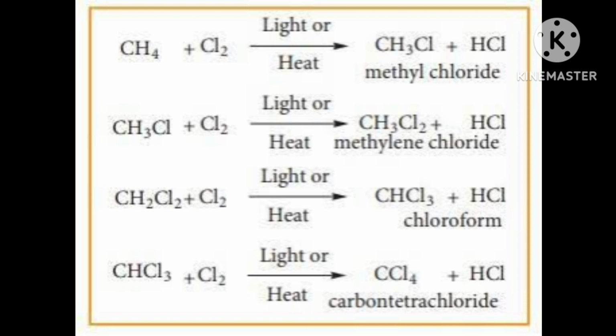Here one of the products is formed, but free radicals are consumed and the chain is terminated. That is the third step I told you, where the free radical and chlorine radical both react.